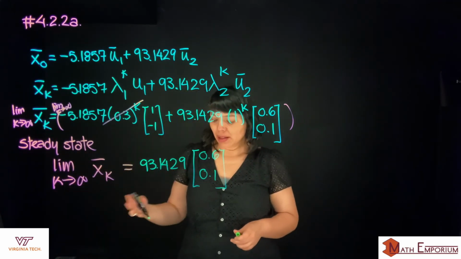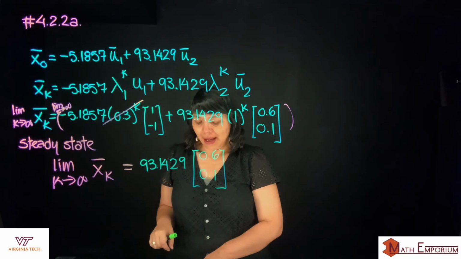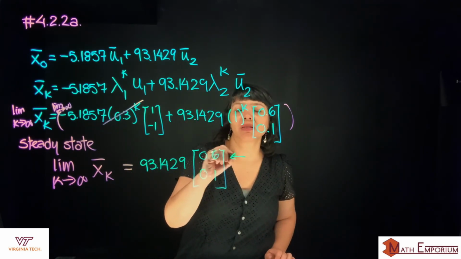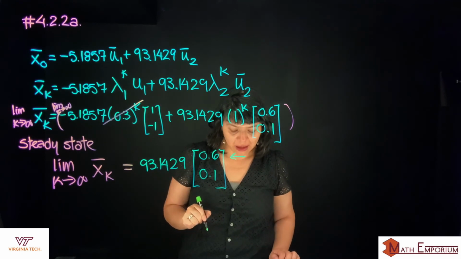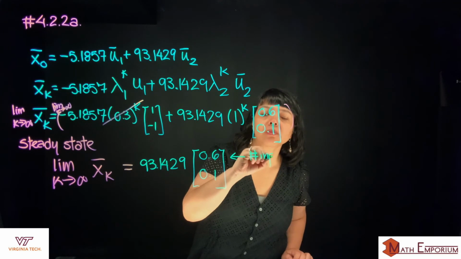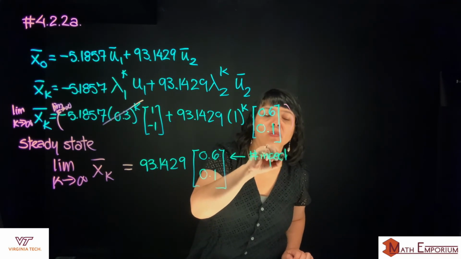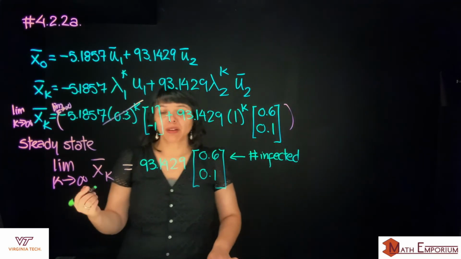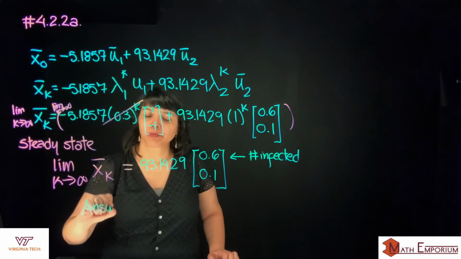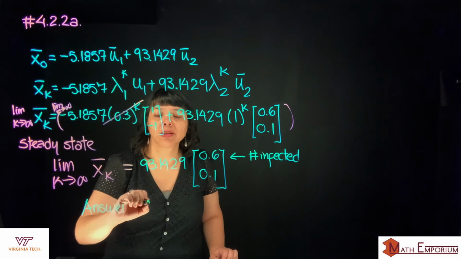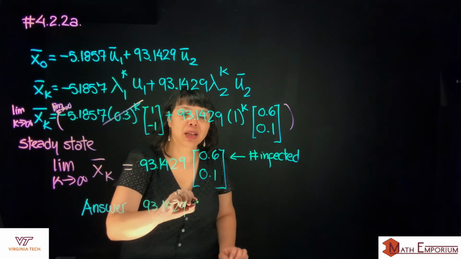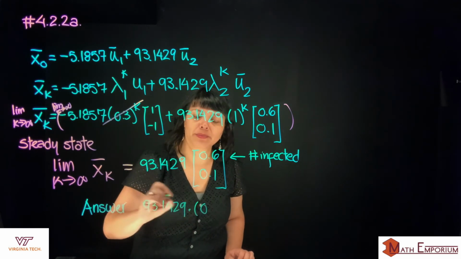And then when I go back, I see that the question was asking for the number of infected, and remember the number of infected is my first entry. So the number of infected is going to be just the multiplication of 93.1429 times 0.6.